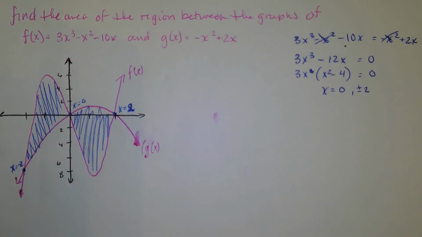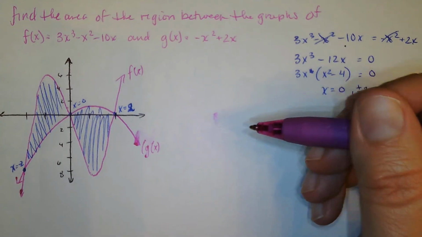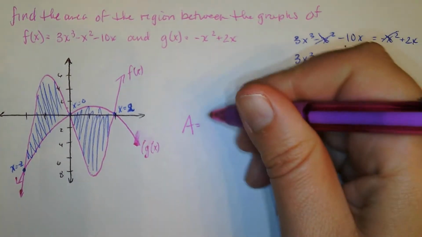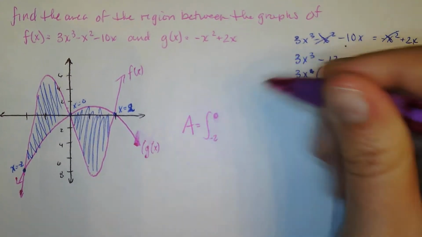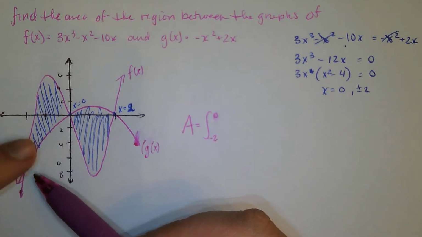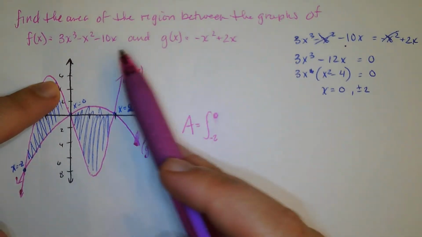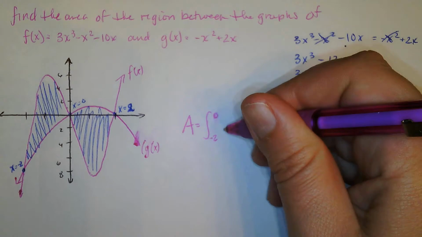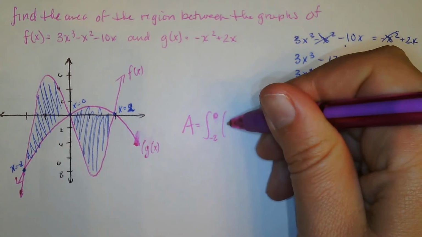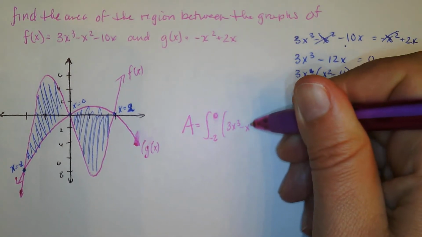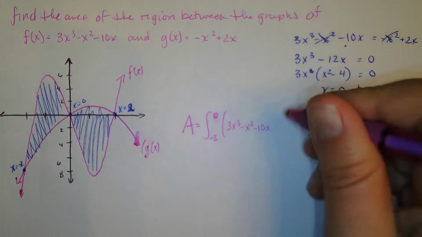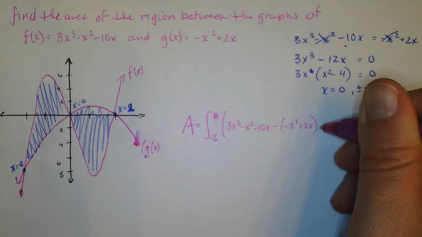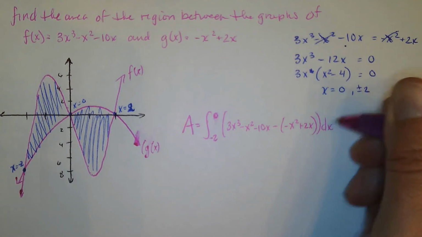So when we set this up, it's not too difficult, you just have to be careful. So the area is equal to, from negative 2 to 0, it's this curve minus this curve. This curve is f of x, and then this curve is g of x. So 3x cubed minus x squared minus 10x minus negative x squared plus 2x dx.